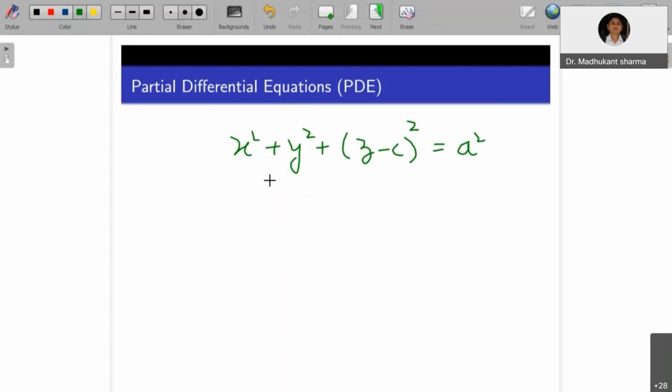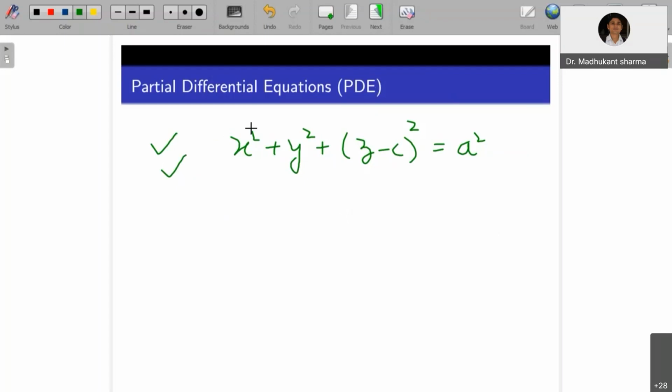And to know what type of partial differential equation this is the solution of, how to proceed. And there are questions like, suppose you have started with the family and you derive the partial differential equation associated with this problem.